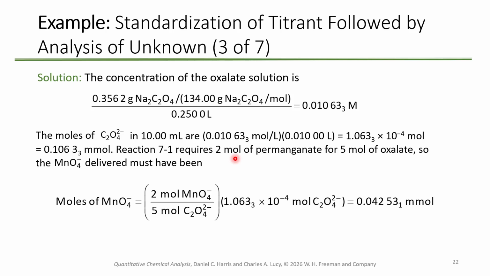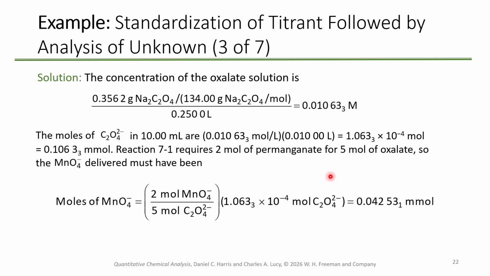If we look at this reaction, that's actually reaction 7.1 in your book, in case you're wondering, it requires 2 moles of permanganate for every 5 moles of oxalate. See this portion right here? That's the sodium oxalate. How do I know that it's a 2 minus oxalate? Because we're going to lose the 2 sodiums. Anything with sodium is a strong electrolyte.